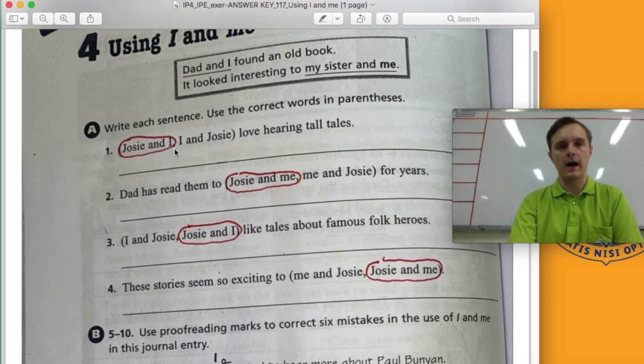You name I last. Number 2, Dad has read them to Josie and me for years. Again, name yourself last. Number 3, Josie and I like tales about famous folk heroes. And number 4, these stories seem so exciting to Josie and me. So give yourselves a score out of 4 for section A.